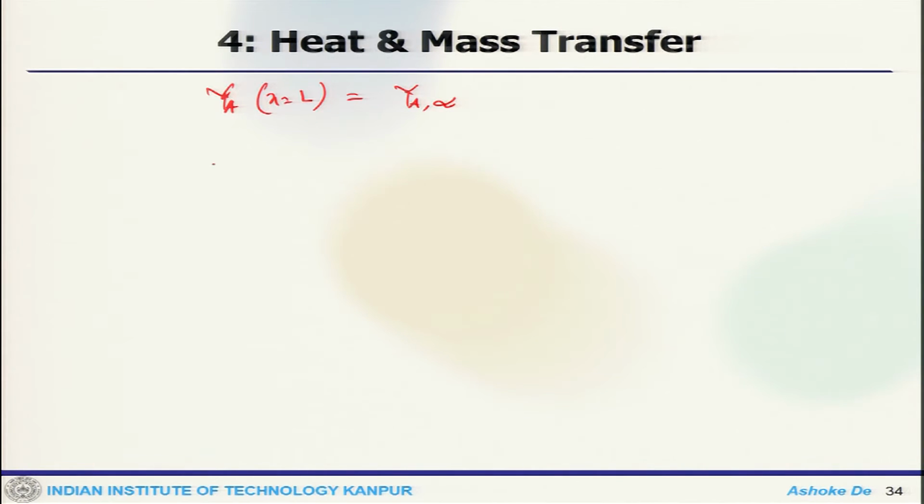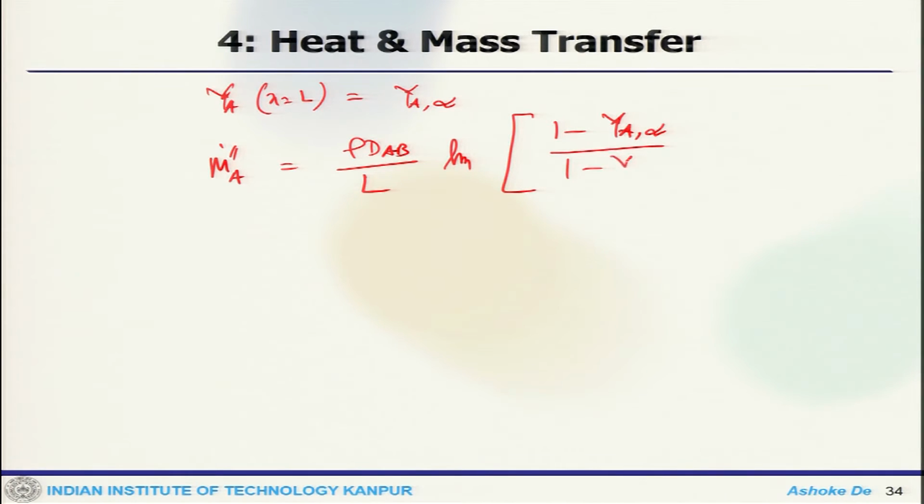So, once you put this in the previous equation, we get m dot A equals rho D A B by L ln of 1 minus y A infinity by 1 minus y A I, which is 4.40. This clearly shows you that mass flux is proportional to rho D and inversely proportional to L. So, this is what we get regarding the mass flux.